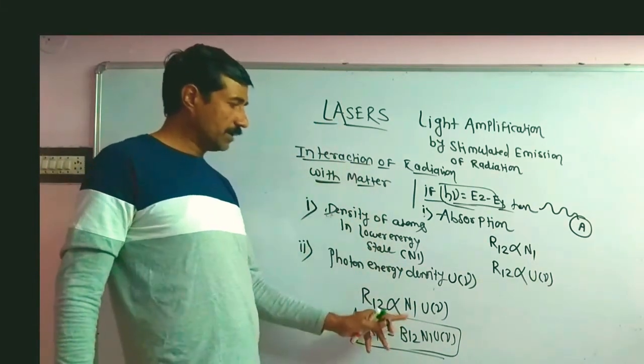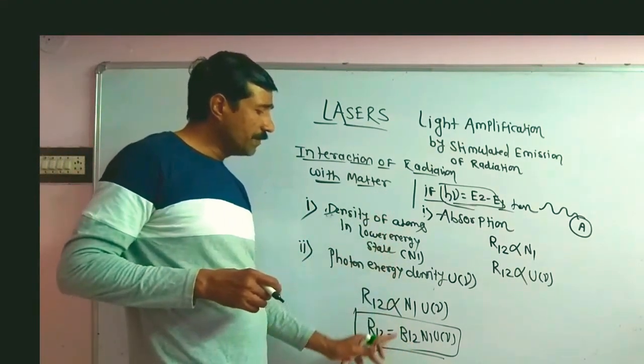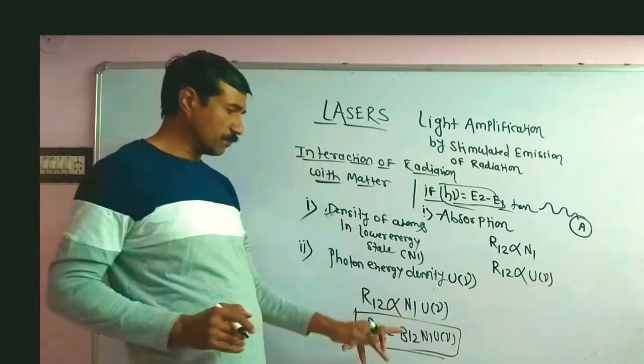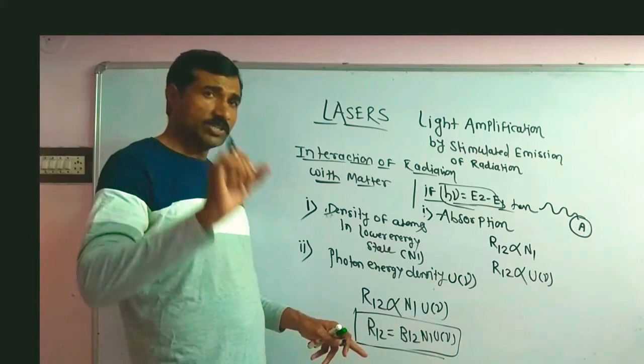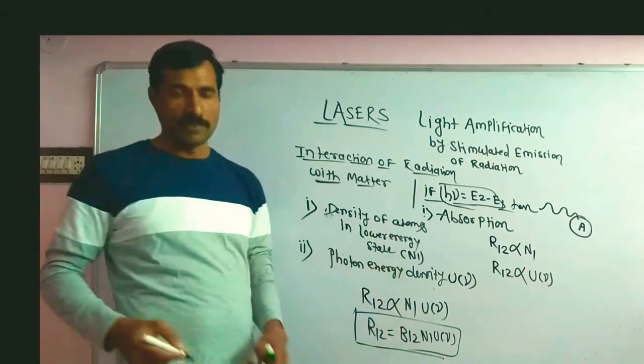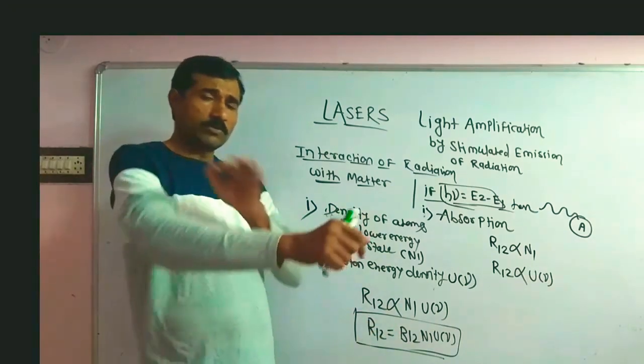B12 is the constant of proportionality, known as the Einstein coefficient of absorption.